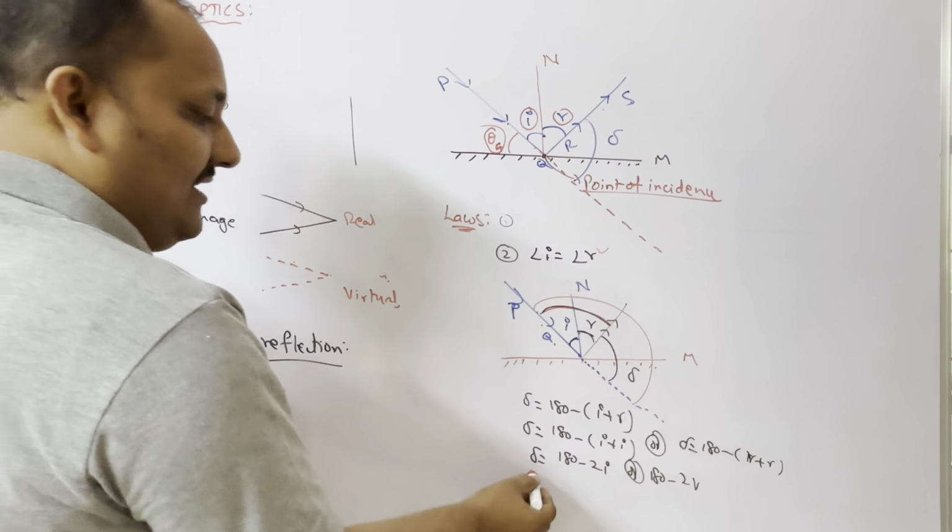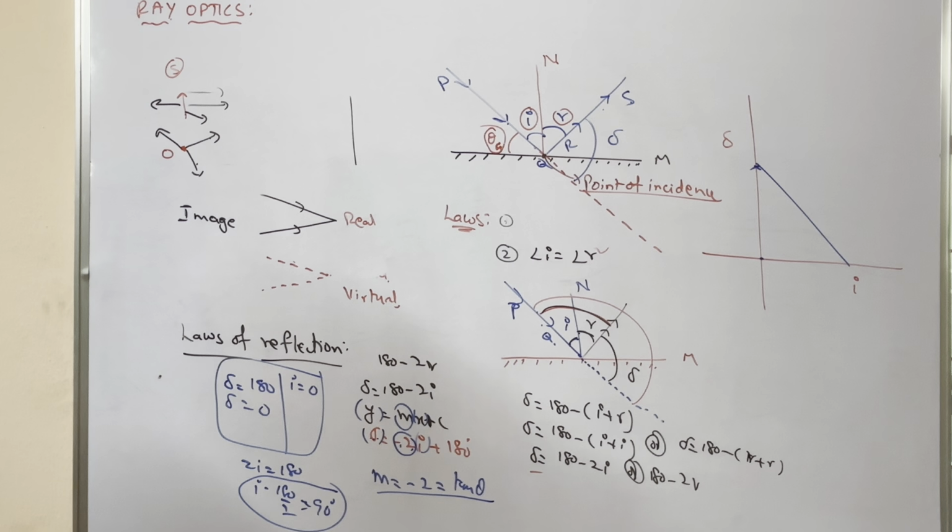When delta becomes 0, 2i is going to be 180 degrees, so i is going to be 180 by 2, that is nothing but 90 degrees. Then the angle of deviation becomes 0 for angle of incidence 90 degrees. So if we take the graph, negative slope, a straight line, it will be passing like this. Correct? So that is about the angle of deviation versus angle of incidence graph.